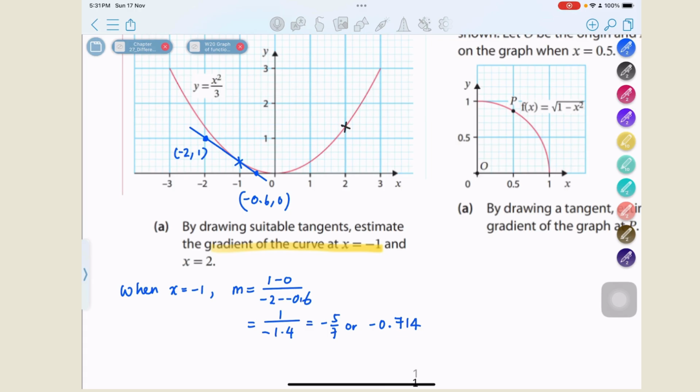The next one, I need to find the tangent at x = 2. At this point, now we draw out the tangent of the curve. Make sure you draw it long enough so that you can determine a nice point. This one also I will extend a little bit longer.